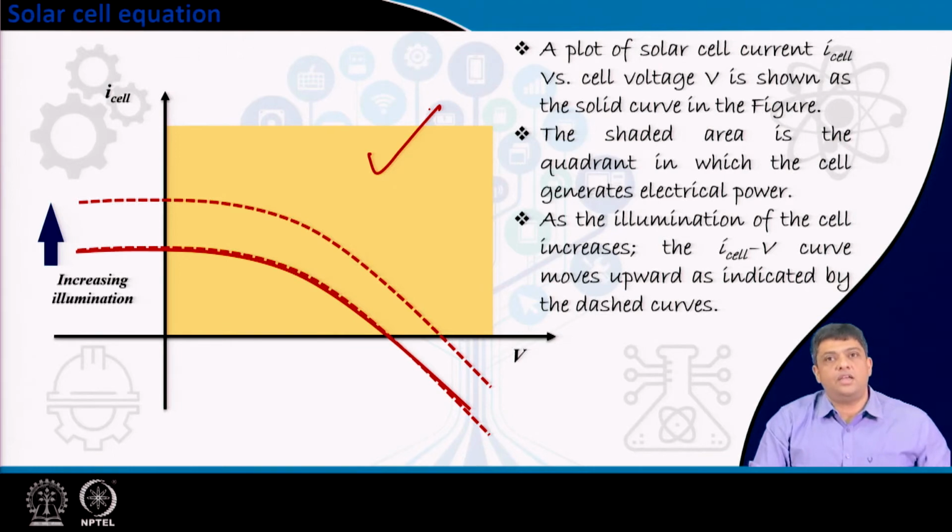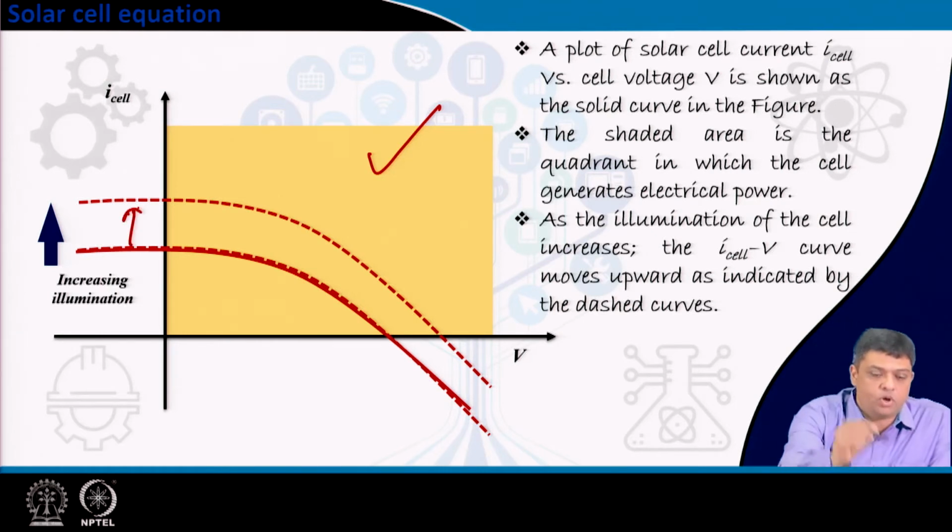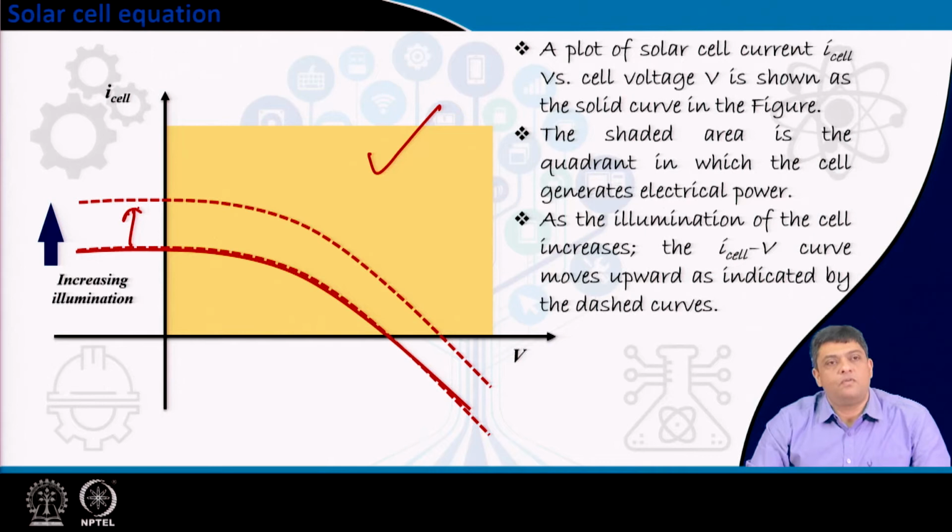As the illumination of the cell increases, the I cell versus V curve moves upward as indicated by the dashed line. So, you have more current being obtained due to the illumination of the cell, and that is what is expected from a solar cell.